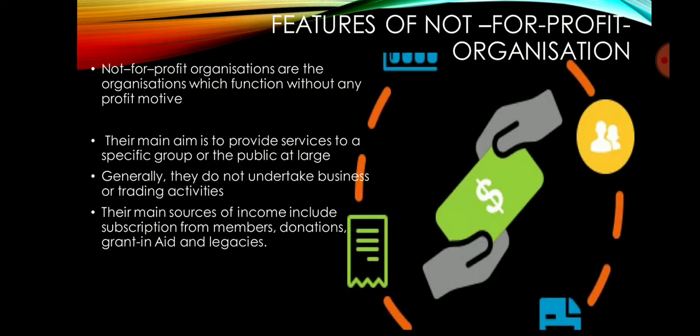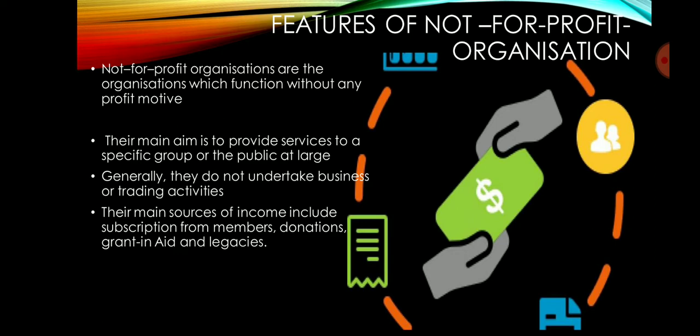What are the features of not-for-profit organizations? The first feature is that the organization functions without any profit motive. The second is that the main aim is to provide services to a specific group or the public at large.